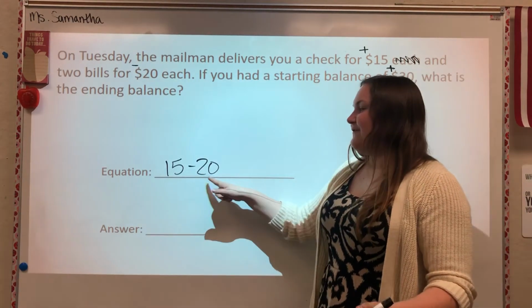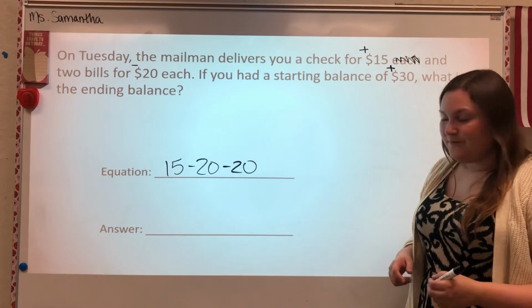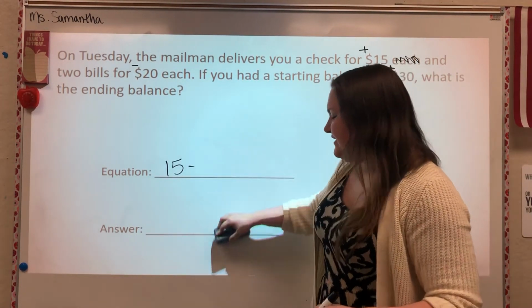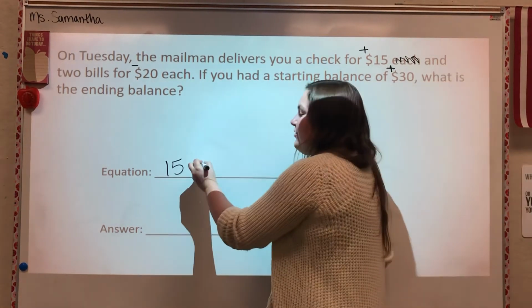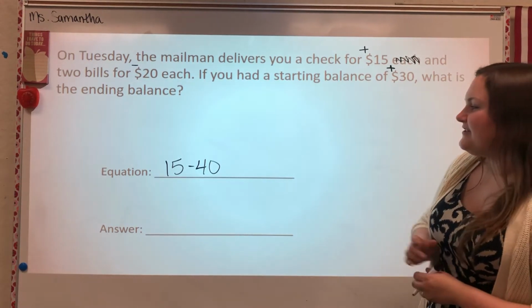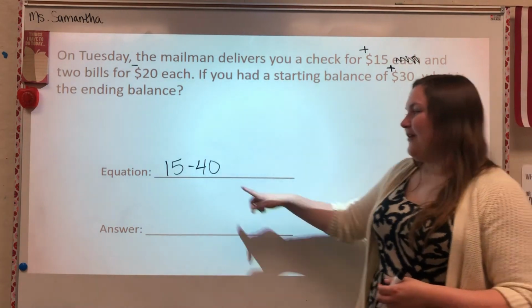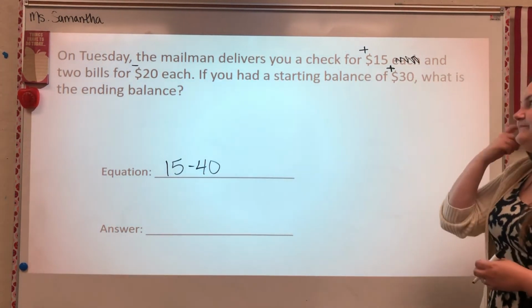You can say this is the first bill, and then this is the second bill. Or more often in class, students tell me, well, if it's 2 bills for $20 each, I know that's just a total of $40 in bills. I wish my bills were $20. But we can go ahead and say just minus 40 for those 2 bills. He owes a total of $40 with his bills.